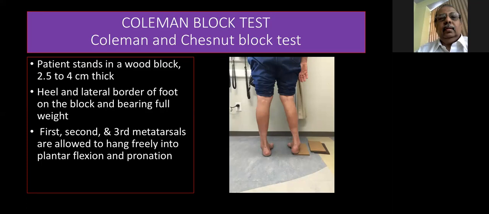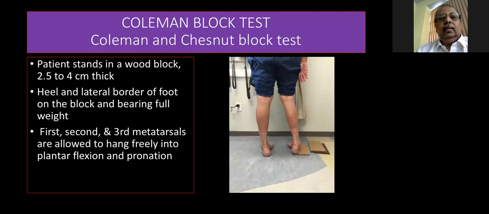Here he will be standing with the medial part, that is the first and the second and sometimes the third metatarsal, outside the wooden block, allowing that medial part of the forefoot to sag. Okay, that is the usual thing. So what will happen? The first, second, and third metatarsals are allowed to hang freely into plantar flexion and pronation. So what will happen in that position?